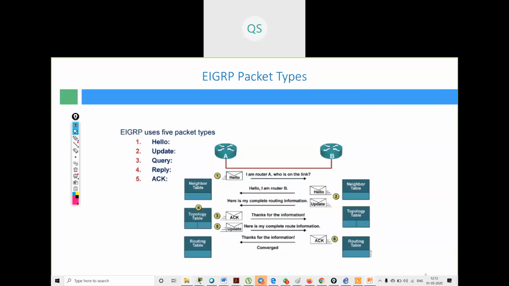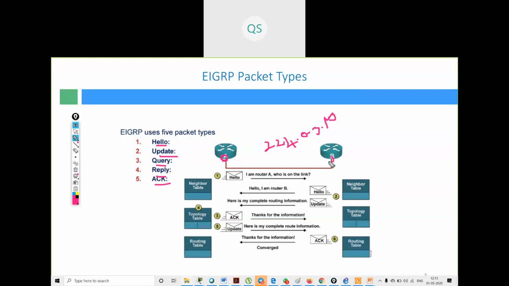Now these are the packets: hello packet, update packet, query, reply, acknowledgement, used in initial route discovery. In the initial stage, whenever an interface is advertised with EIGRP, it will send a hello packet on the multicast address 224.0.0.10 on this link.